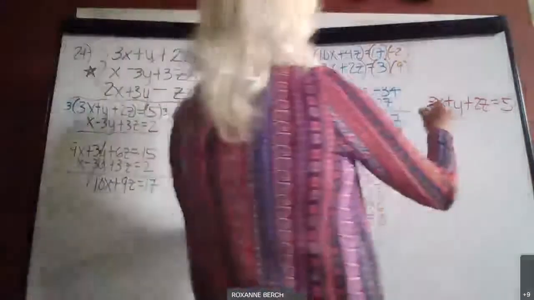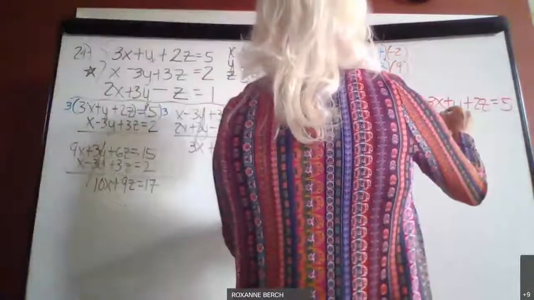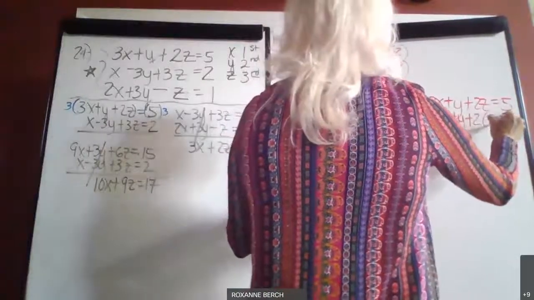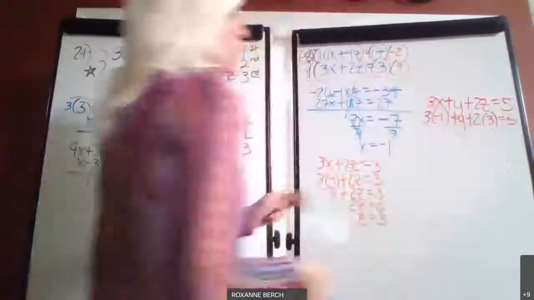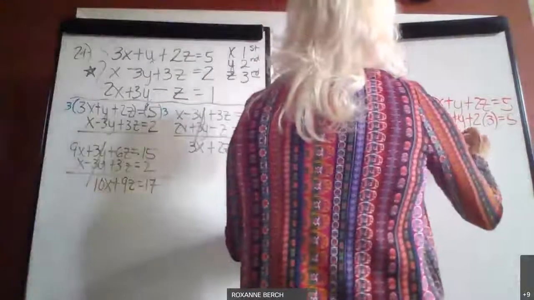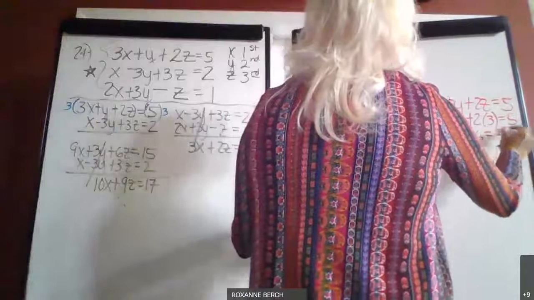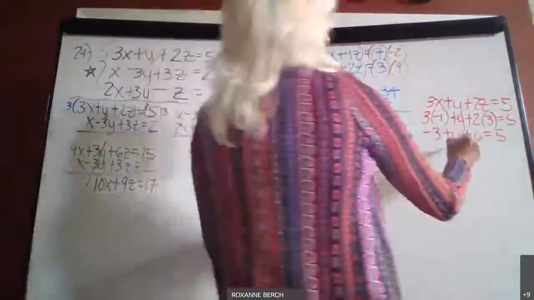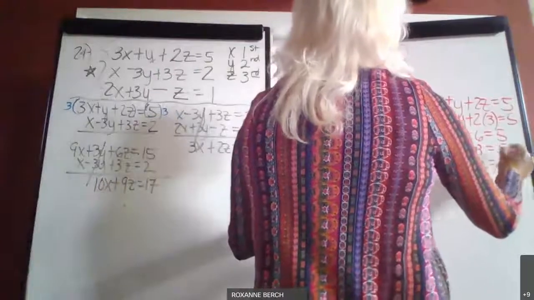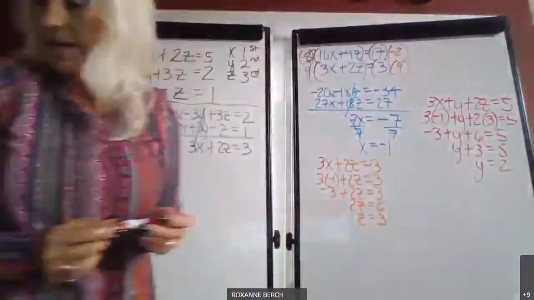And so we plug in these variables. We have 3 times -1 plus y, we don't know, plus 2 times 3 equals 5. And now we're going to find y. So -3 plus y plus 6 equals 5. 6 and -3 would be y plus 3 equals 5. Subtract 3, subtract 3.